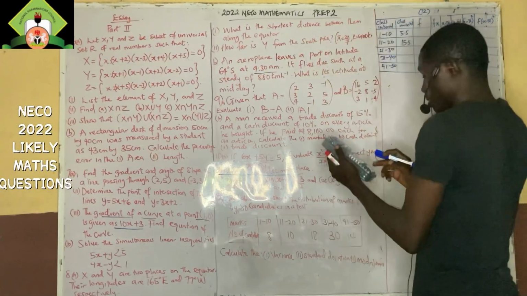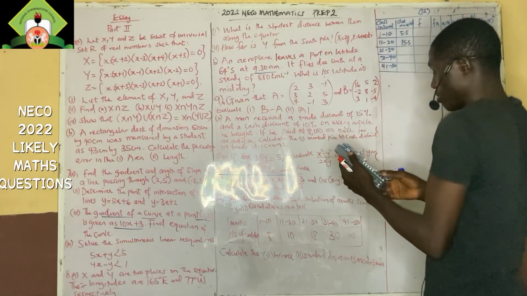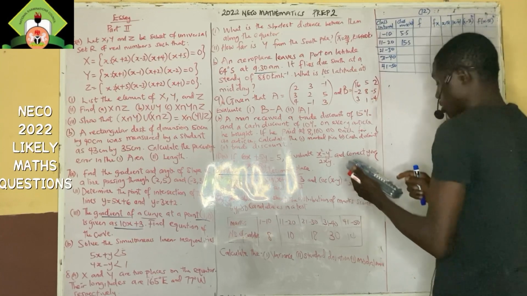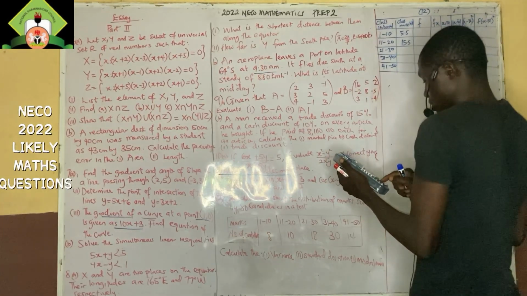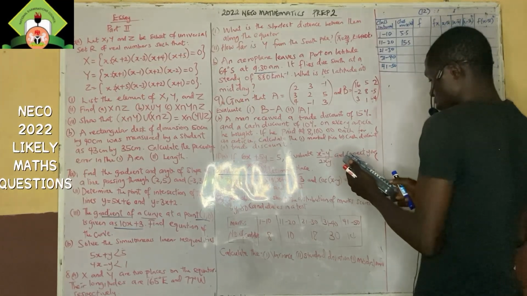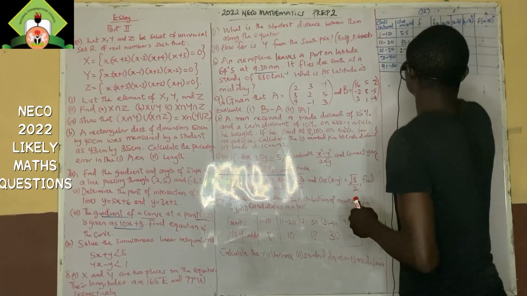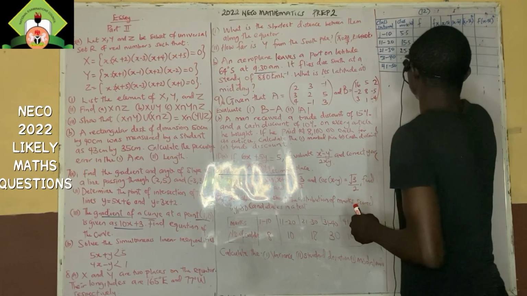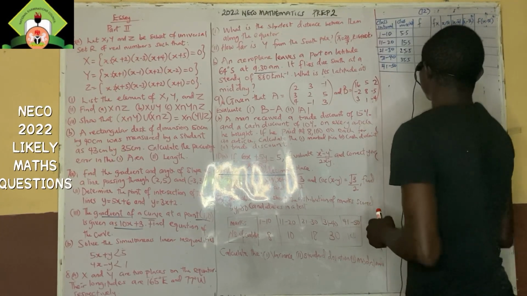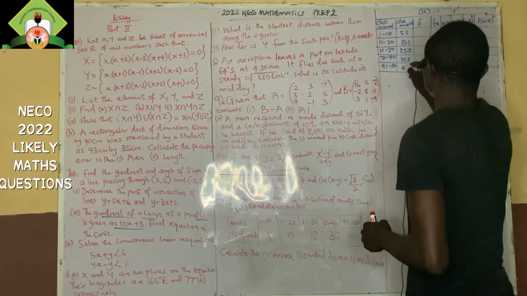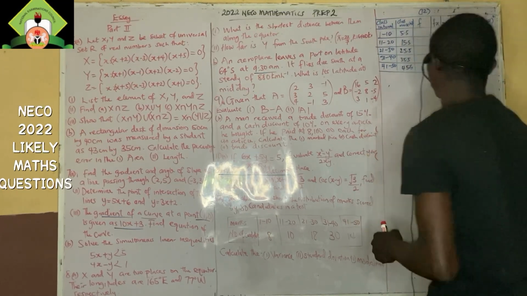Because 1 plus 10 will give you 11, divided by 2 will give you 5.5. 21 plus 30 gives 51, divided by 2 gives 25.5. This will give you 35.5. This is 45.5. So that's the mid class.